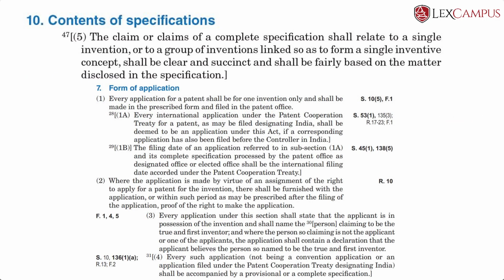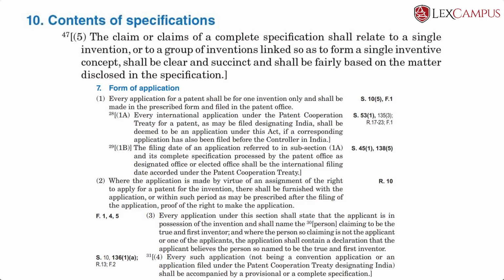Section 10(5) also has another requirement, that the complete specification shall be clear and succinct and shall be fairly based on the matter disclosed in the specification. The fact that the complete specification should be clear and succinct is a requirement that it should not be ambiguous and it should communicate the invention clearly.